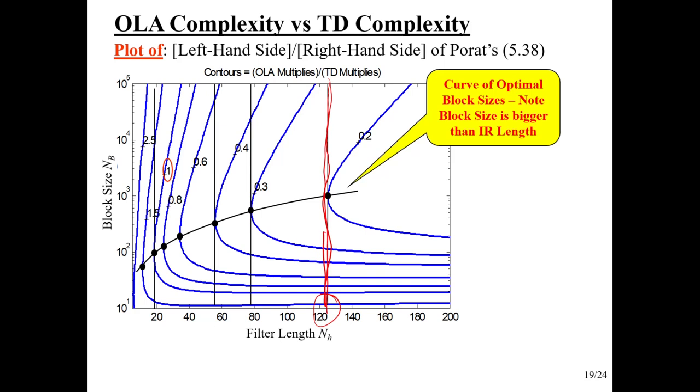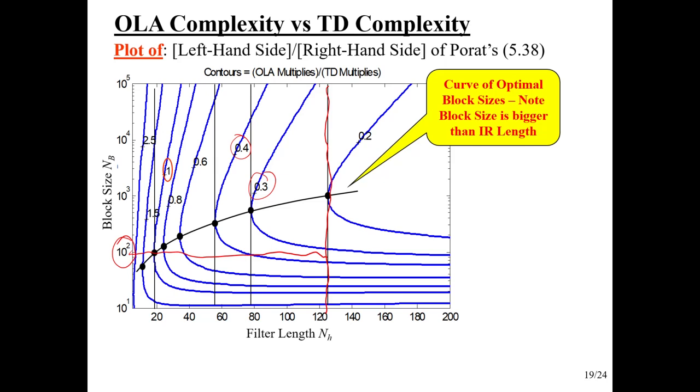As I change my NB, I'll be at different positions on that vertical line. Suppose I chose NB equal to 100. So now I draw across, and where I hit that, that's going to be between 0.3 and 0.4. So I'm operating at maybe 35% of the direct time domain.